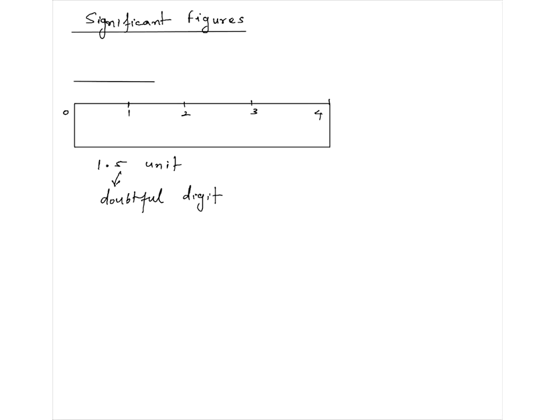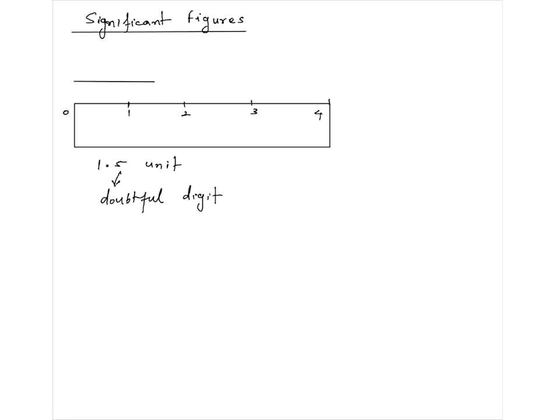And these two jointly are called significant figures. So 1.5, how many significant figures are there? 2. So significant figures contain a doubtful digit in them.